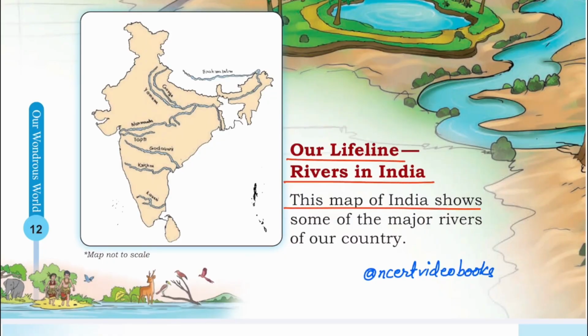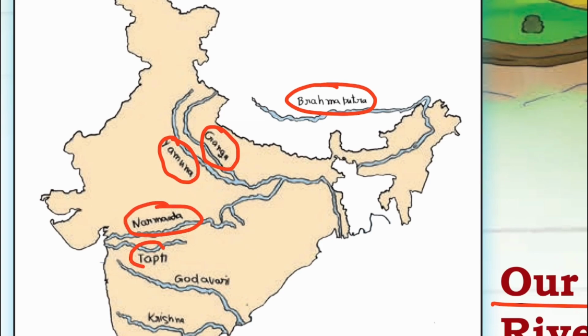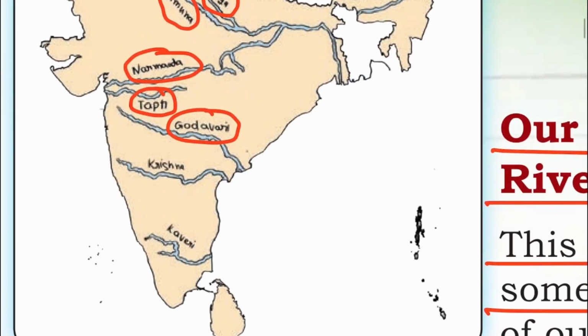This map of India shows some of the major rivers of our country. You can see river Ganga, Yamuna, Brahmaputra, Narmada, Tapti, Godavari, Krishna, Kaveri.